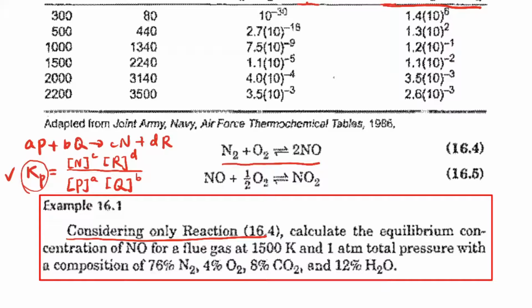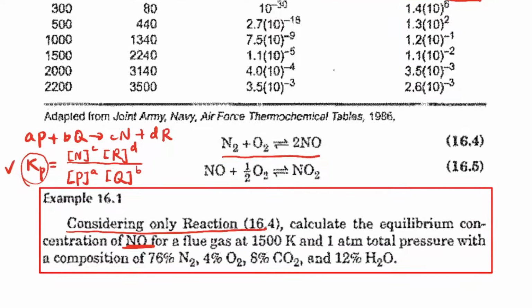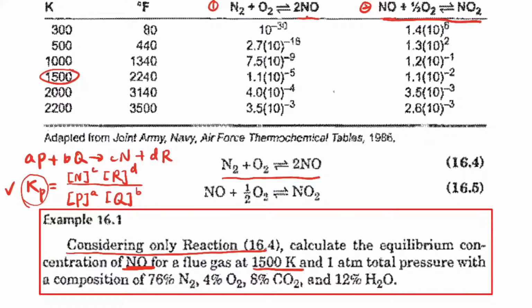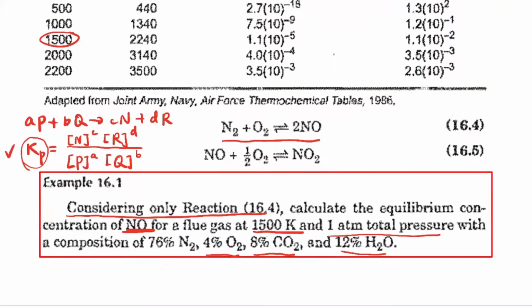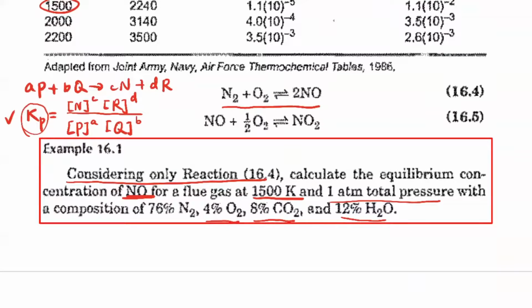It wants us to calculate the equilibrium concentration of the nitrogen monoxide for a flue gas at 1500 Kelvin, at a pressure of 1 atmosphere, with a composition of 76% nitrogen, 4% oxygen, 8% carbon dioxide, and 12% water vapor. So from the conditions here, we can get the concentration of nitrogen and oxygen.